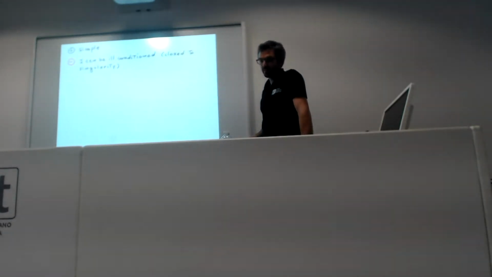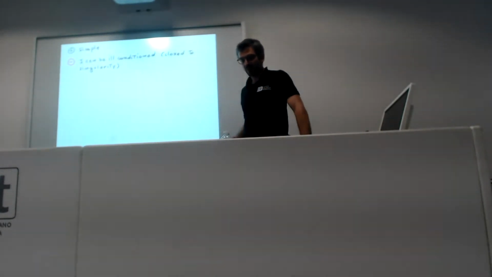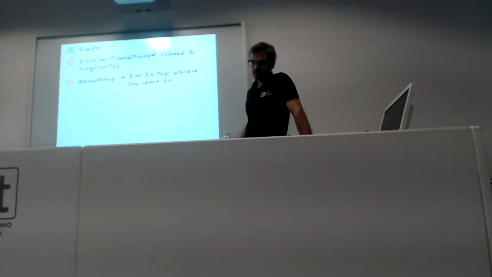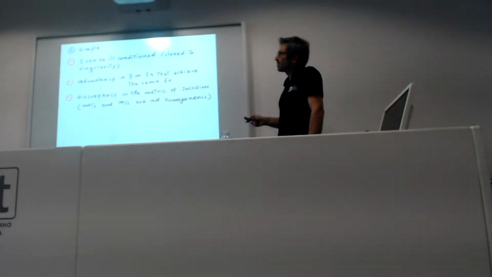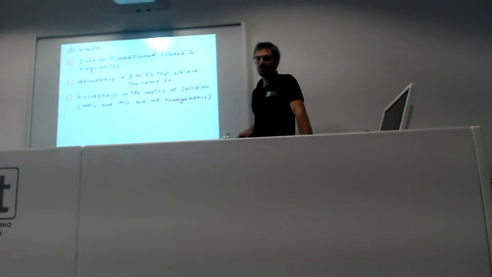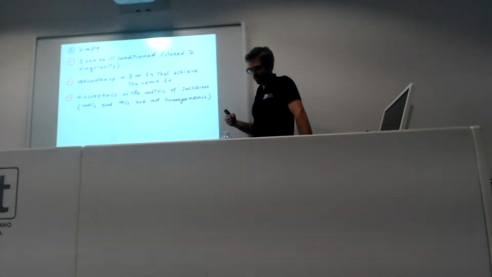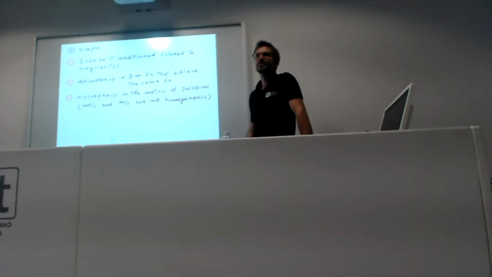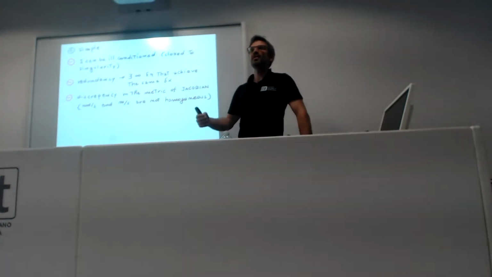This approach is very simple, but the problem is that J can be ill-conditioned, especially whenever it gets close to singularity. If you have redundancy, you have infinite solutions for delta q that achieve the same delta x. And most important of everything, you have different metrics in the Jacobian. So let's say you have an error in the position of the end effector. In which unit is it measured? What is the unit we measure the error at the end effector?